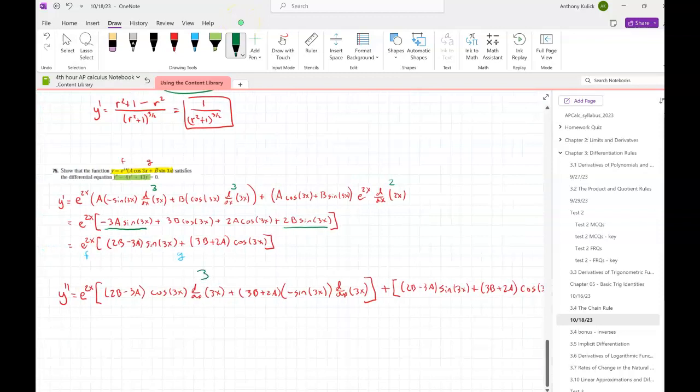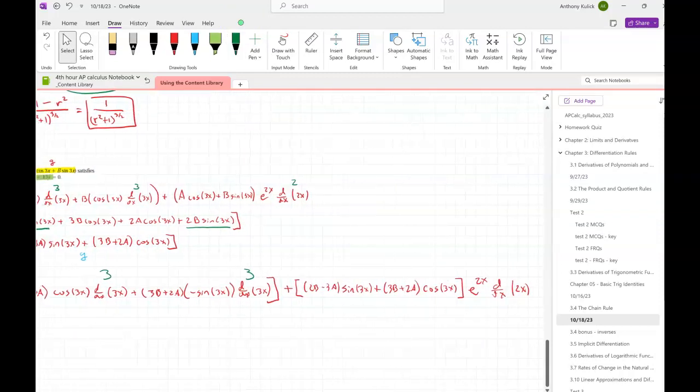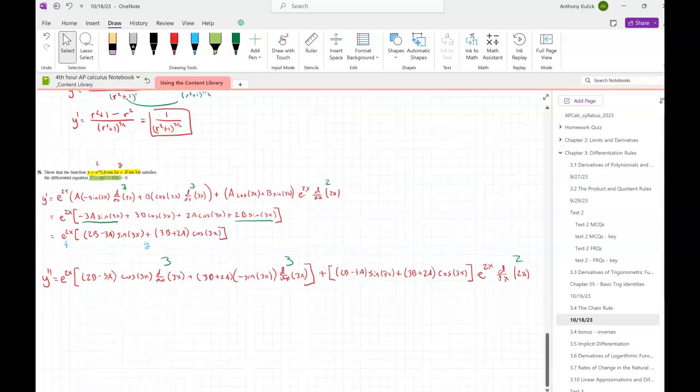So the derivative of 3x is just 3, and the derivative of 2x is just 2. So again, I'm going to factor off the e to the 2x. And then I'm going to have a 3.